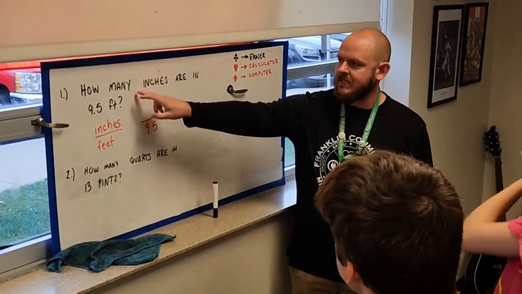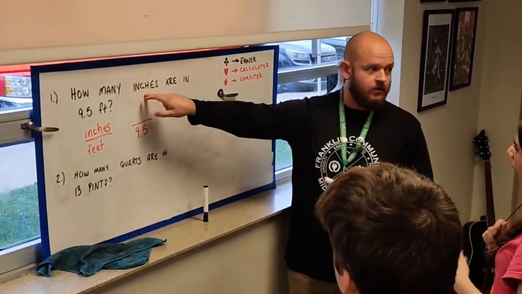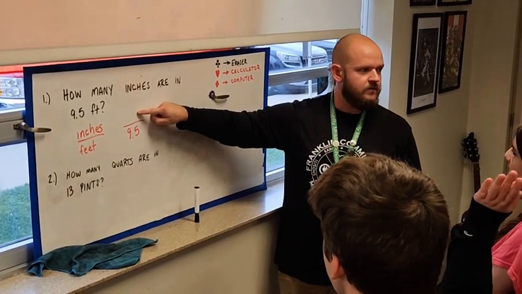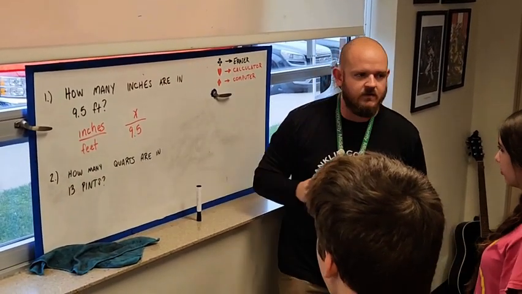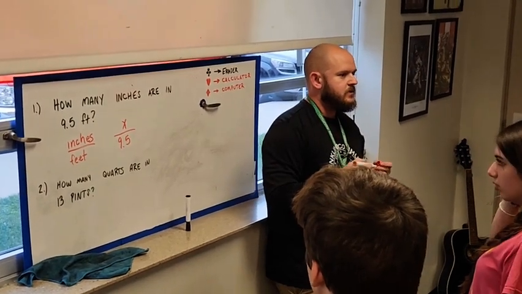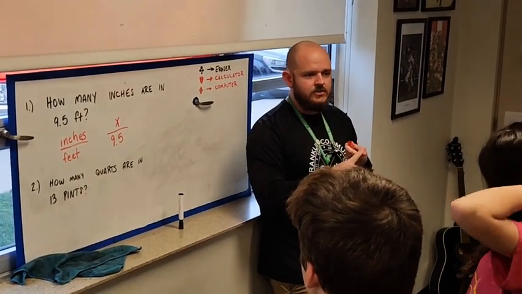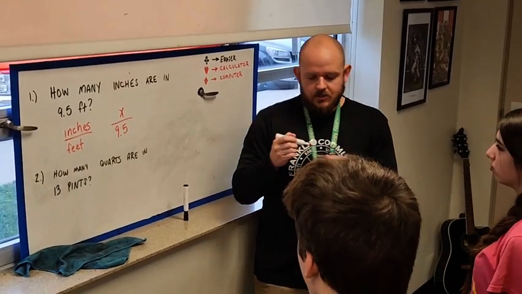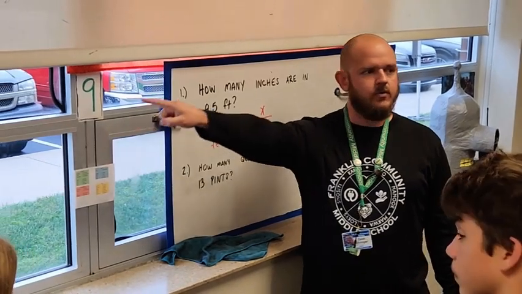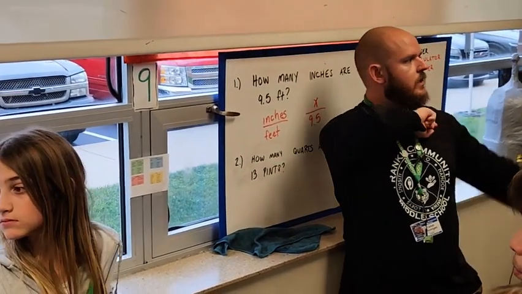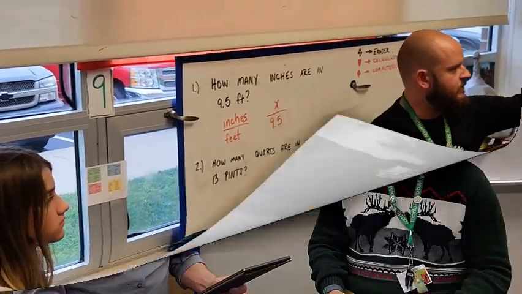Since this says how many inches, we don't know how many inches, so what am I going to put above? X. Okay, when we do not know the value, we can put a variable, and so we can put X. Now we have one fraction, we need another fraction, and we are going to use the chart that is next to our board to find this. So there's a chart here. If you look around the room, there's a chart next to each board. But everybody for a second, look up at the big board for me.